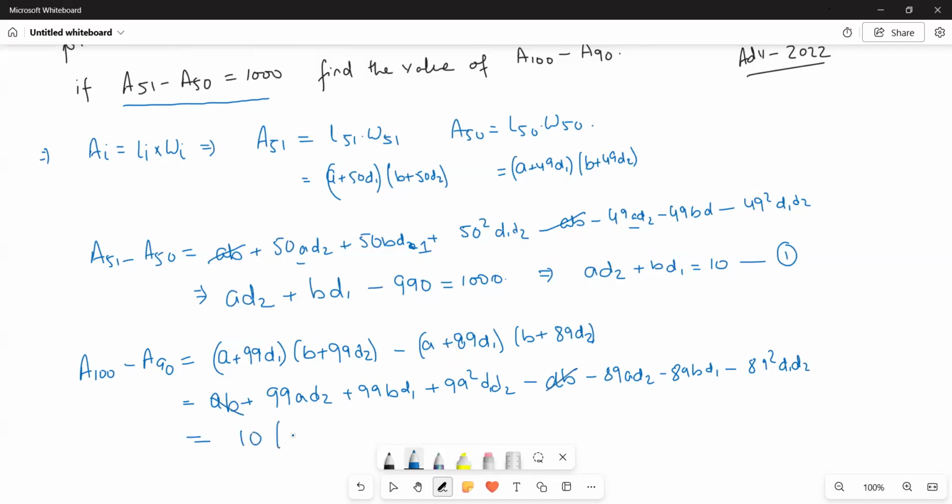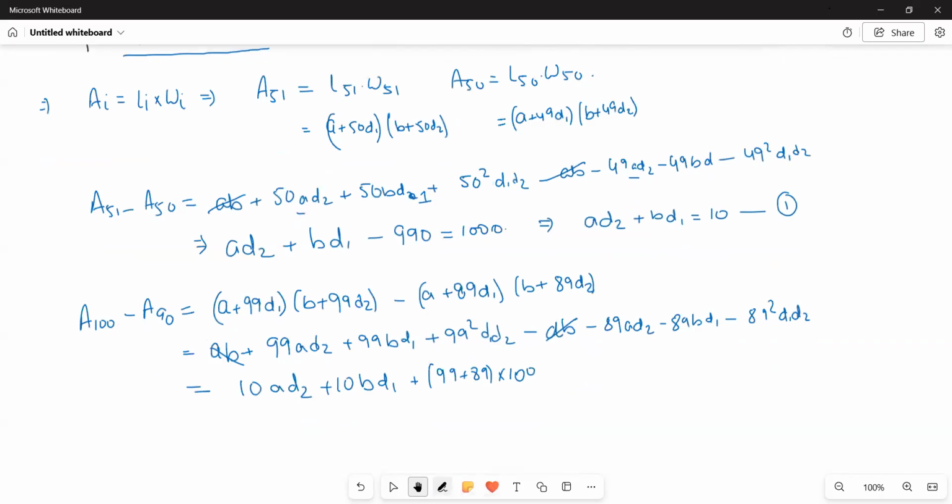We'll have 10 times aD2 plus 10 times bD1, and for D1 D2 we have 99 square minus 89 square, so 99 plus 89 into 10. Taking 10 common, aD2 plus bD1 is 10 as well, so this is 100.